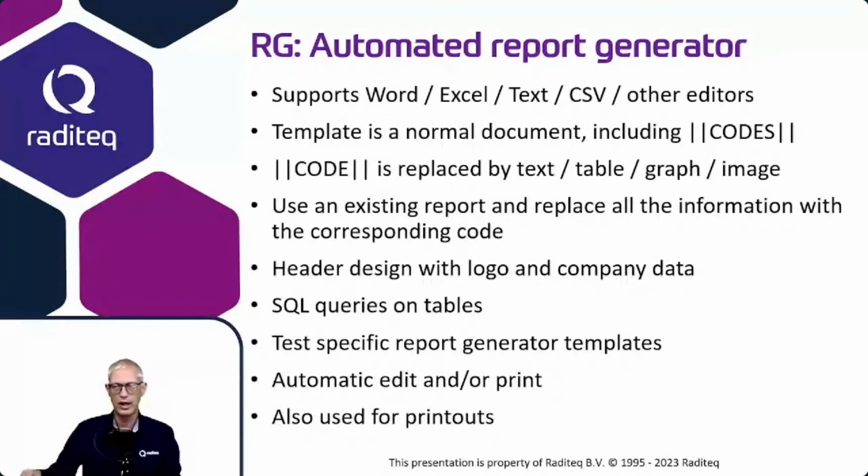So on every location in an existing report where you have some information, just remove that information, like for example the resolution bandwidth that's being used, and replace that with the code, so that you say pipe, RBW, pipe. And in that way, you can convert an existing report into a template, which can then be used by RadiMation to generate an exactly similar looking report on the actual test results.